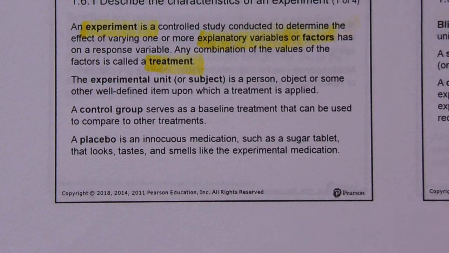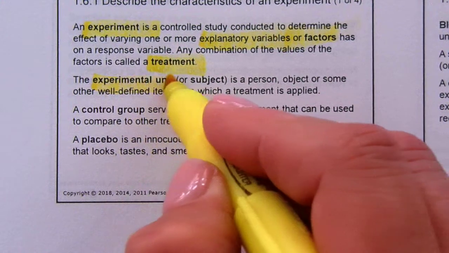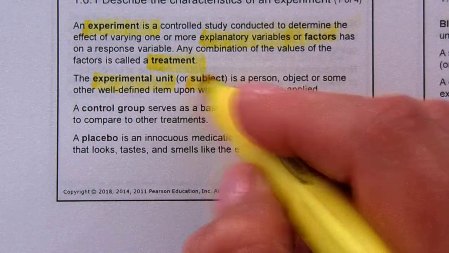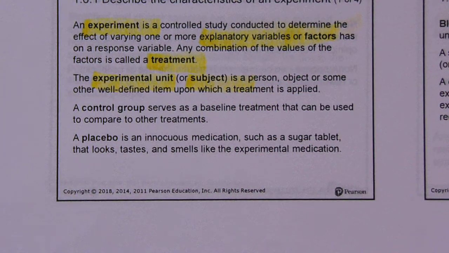Okay, the experimental unit is the person. One person is an experimental unit. Okay, usually when we're talking about people, we say subject, not experimental unit. Okay, but it could be that we are doing the experiment on rats or something else.